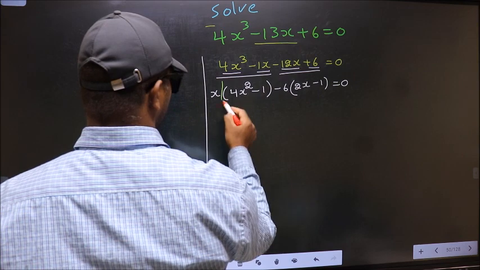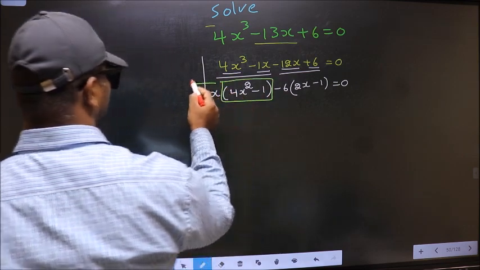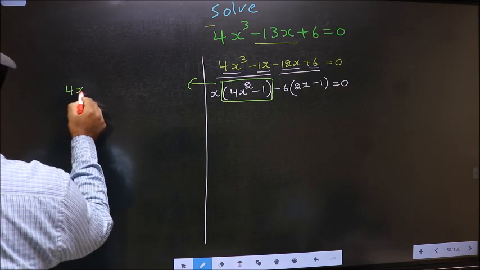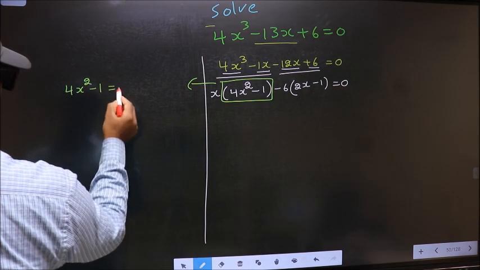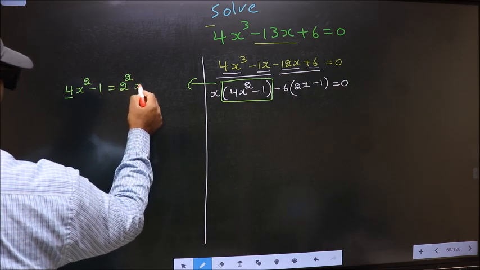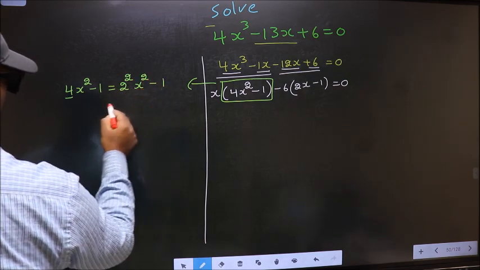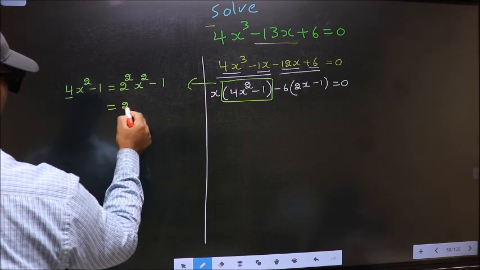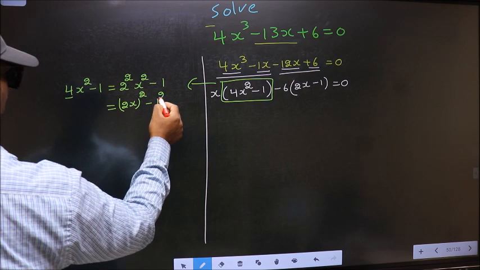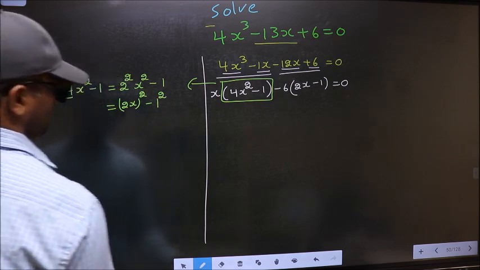Now this quadratic I will simplify it here, that is 4x square minus 1 equal to, in place of 4 now I write 2 square, x square minus 1. So 2 square x square is nothing but 2x whole square, and on 1 even if I put the square it doesn't matter.